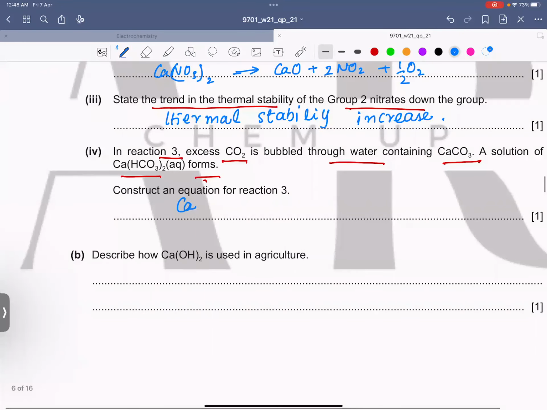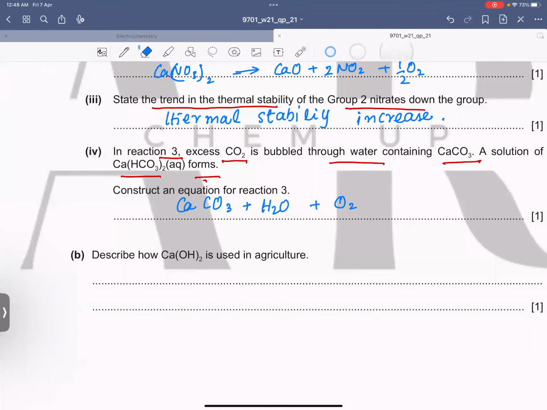So construct the equation of calcium carbonate reacting with water and carbon dioxide.